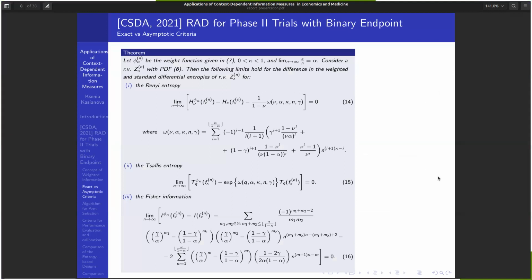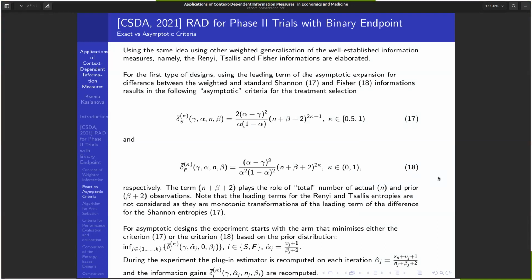And if we apply the transformation, as I said before, we can obtain the asymptotic formulas for the case of Shannon and Fisher entropy. For Renyi and Tsallis entropy, by definition, it will be just transformations of Shannon entropy. Therefore, the criteria for Shannon entropy will be the same as for Tsallis entropy.